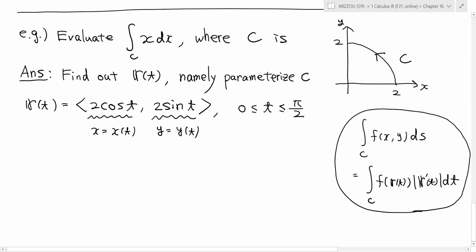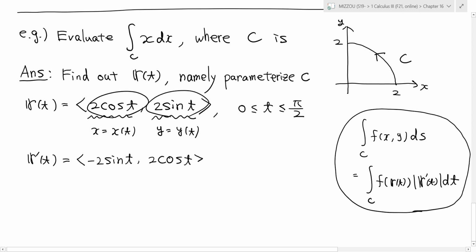So first, let's compute the derivative. You differentiate this parameterization term by term. You get negative 2 sine t and 2 cosine t. From this, you compute the magnitude as square plus square and take the square root.